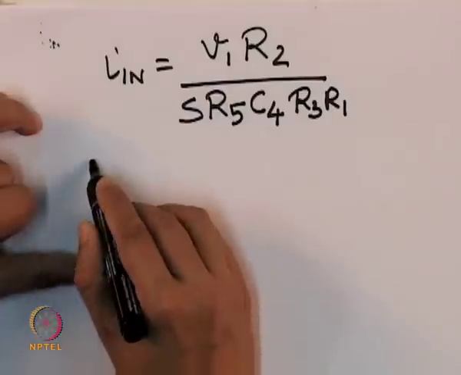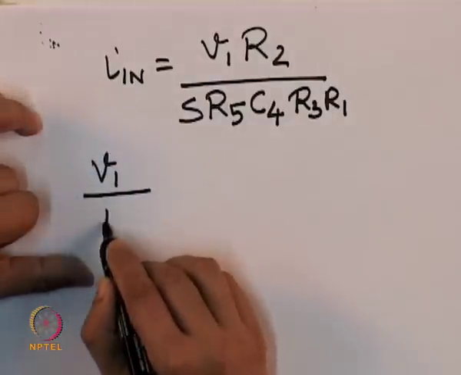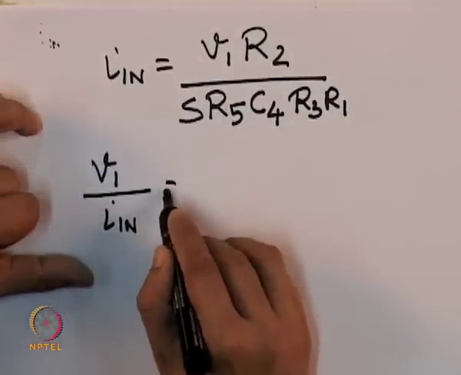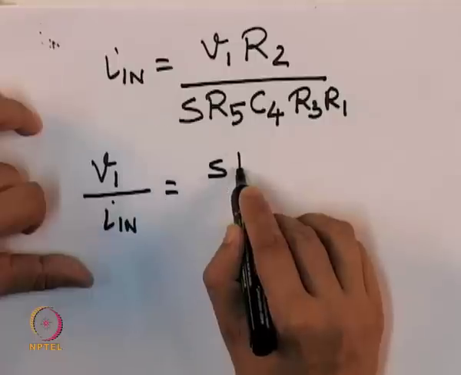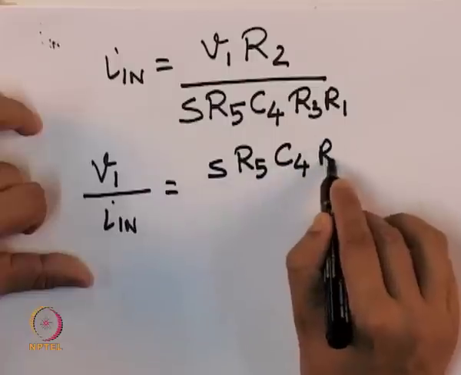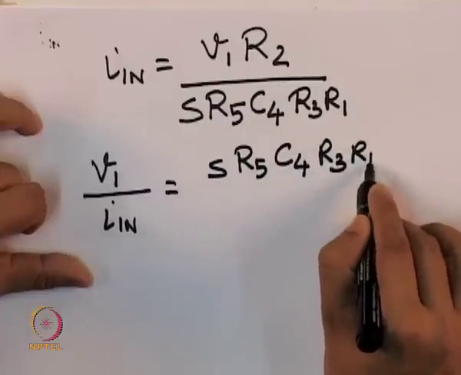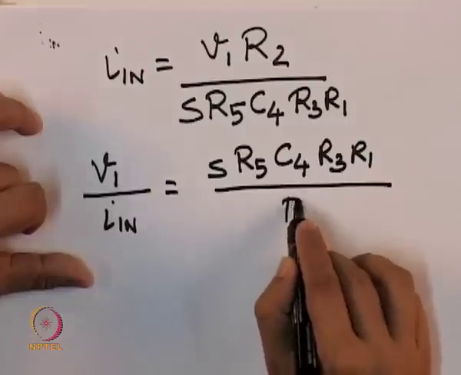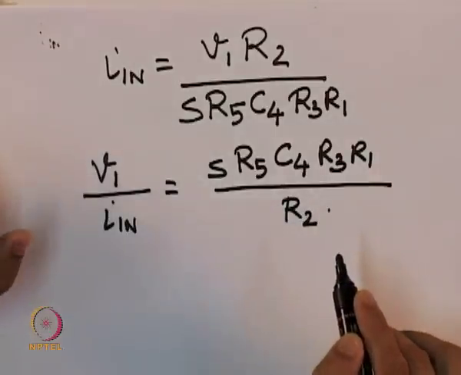So, then V1 upon I in comes out to S R5 C4 R3 R1 upon R2. Okay.